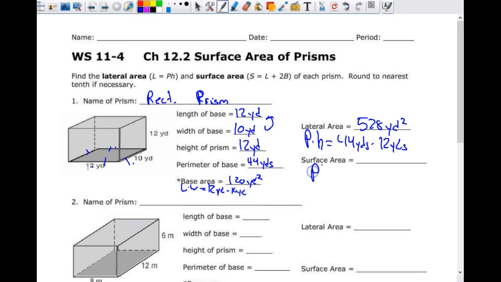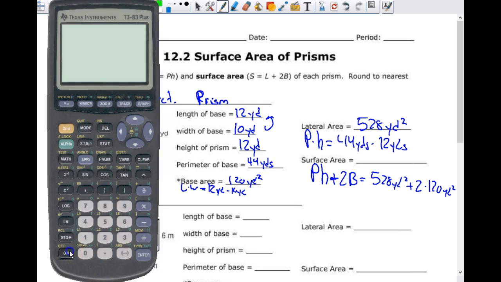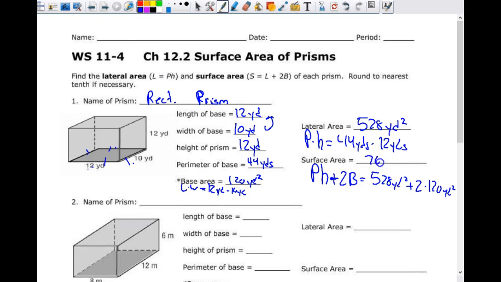And then the total surface area is P times H plus 2 times the area of the bases, which is equal to, we already know P times H is 528 yards squared, plus 2 times the area of base, which was 120 yards squared. So 528 plus 2 times 120 is 768 yards squared.